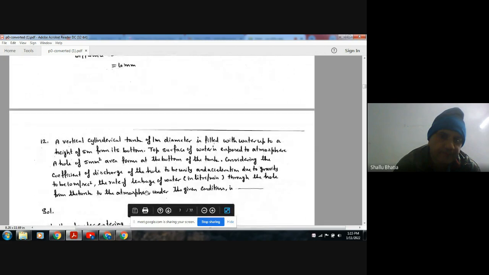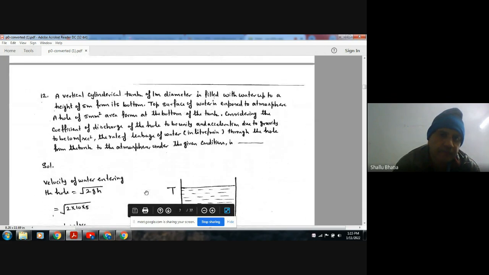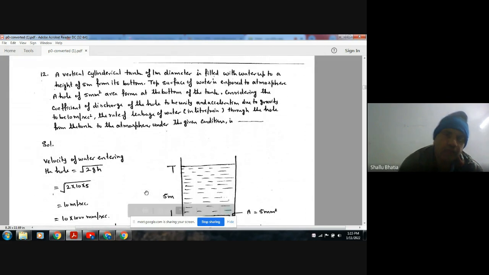Next. A vertical cylindrical tank of 1 meter diameter is filled with water up to a height of 5 meters from its bottom. The top surface of the water is exposed to atmosphere. A hole of 5 mm square area forms at the bottom of the tank.